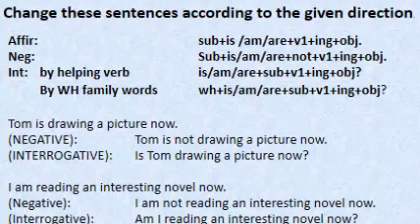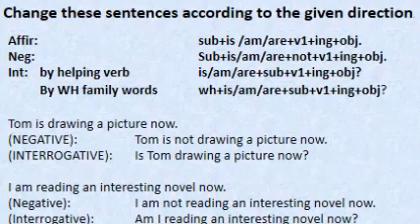We have to make it negative and interrogative. So what will be the answer? When we make it negative, first we have to add not after the helping verb, and here is is a helping verb, so we will put not after the is and it will become your negative sentence.